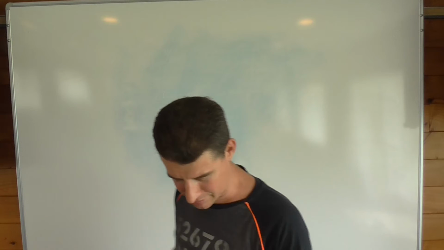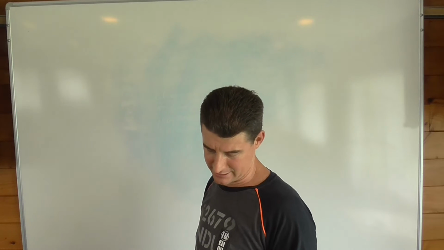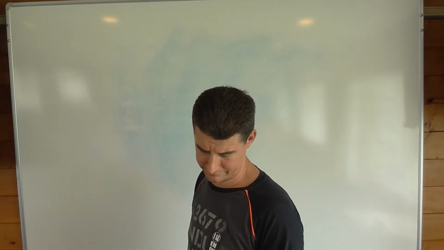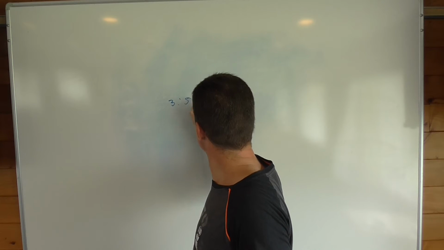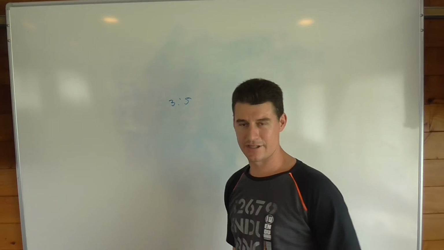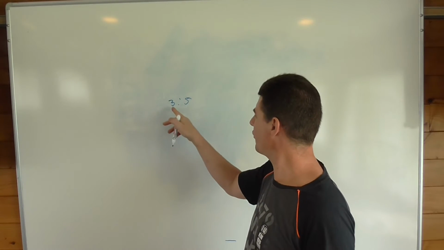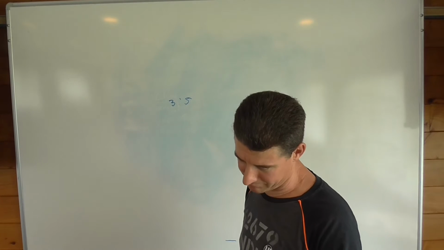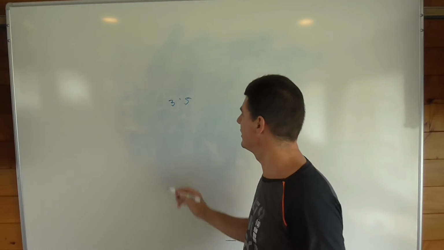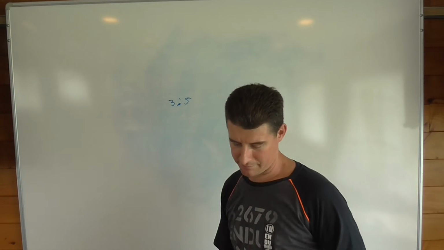That's very simple. So the ratio will be 3 to 5. So in other words, for every 3 slices of white bread, there's 5 slices of brown bread. So that will be the ratio.